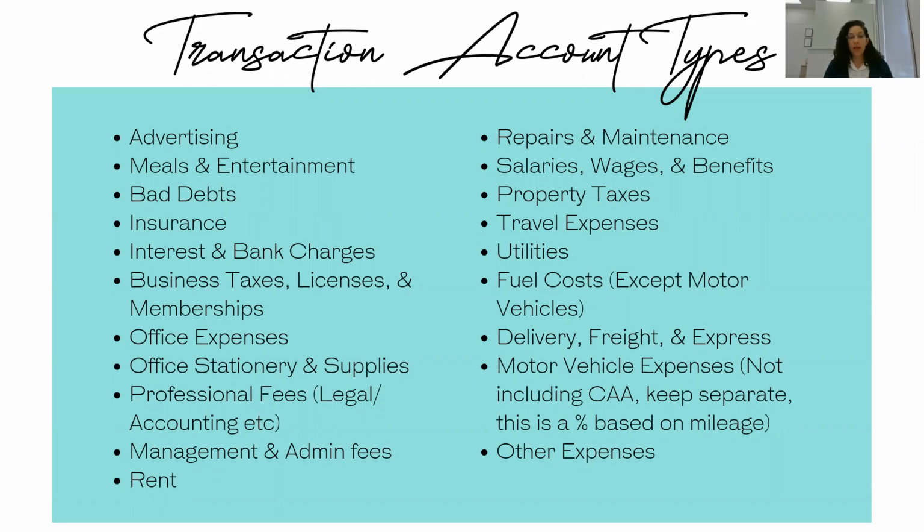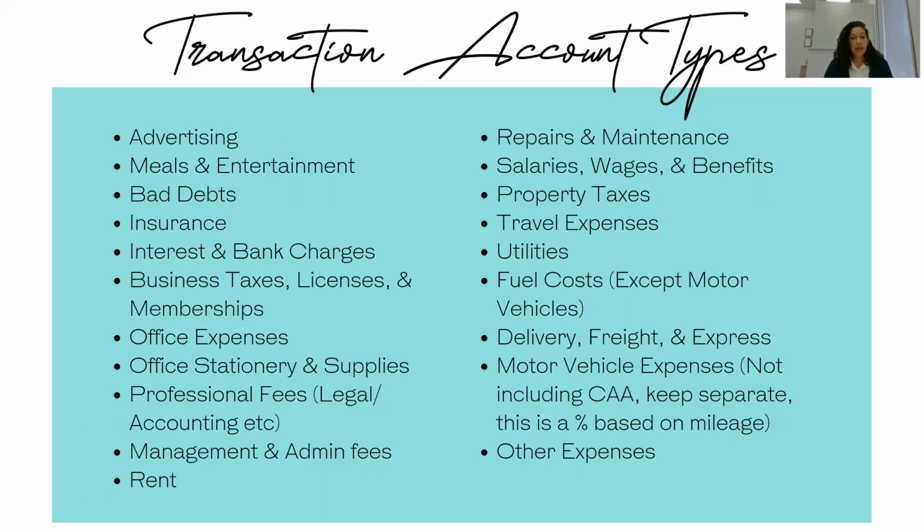Bad debts, so that's just people who haven't paid, so you're writing off an amount that you never received. Your insurance is pretty explanatory, and your interest and bank fees, so anything you pay for interest on your credit card or bank fees out of your business account, anything like that would fall under that category.